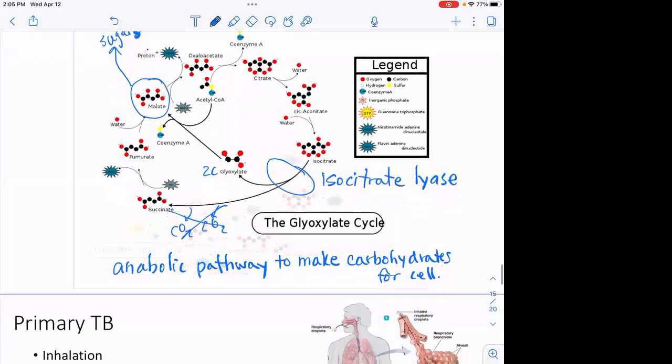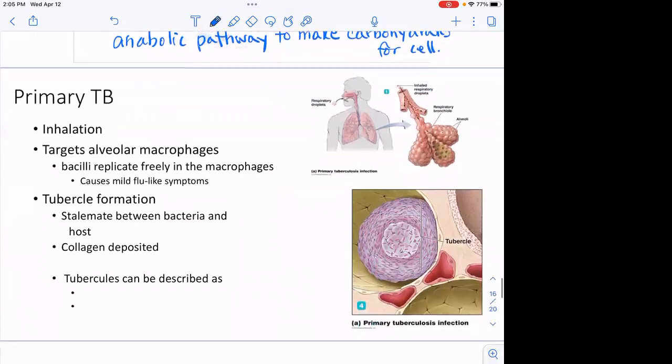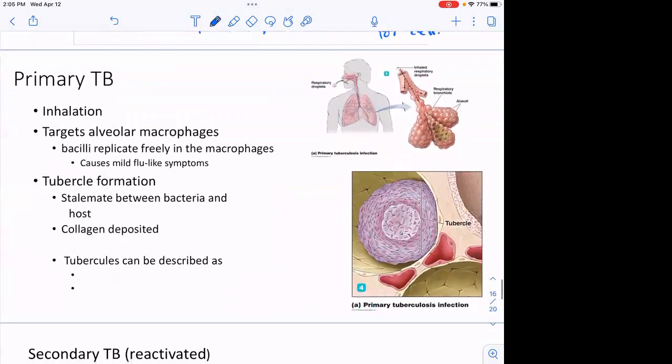Okay, so let's follow the disease progression here. It's kind of a complicated progression. So if we start with the bacilli being inhaled. Tuberculosis can infect a lot of different tissues in the body, but it always starts in the lungs.